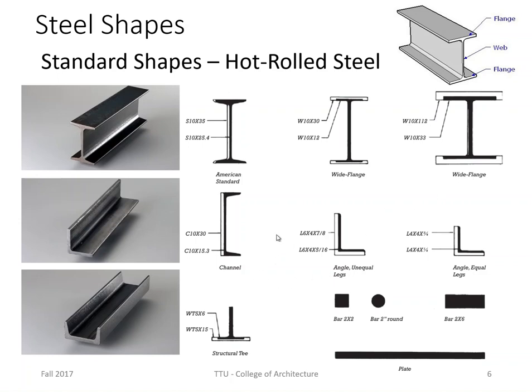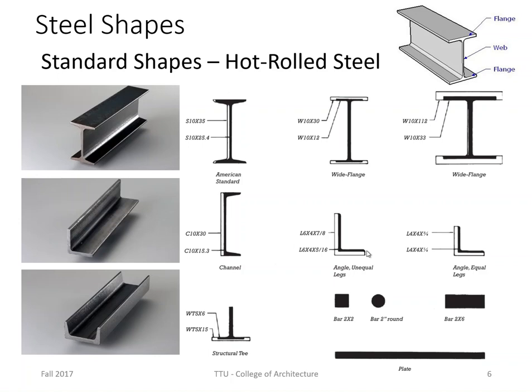Then the other common, so we have wide flange and American standard beams. Then we have what's called a channel, which is a C shape, sometimes referred to as a C channel. And once again, standard depths, and then different thicknesses based on the amount of steel that's in it, which gives it a different strength. And then we have an unequal angle leg, an L shape or angle.